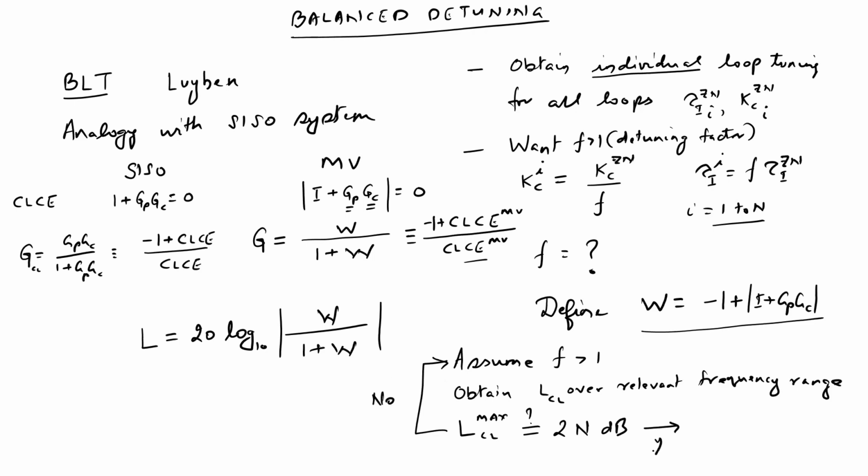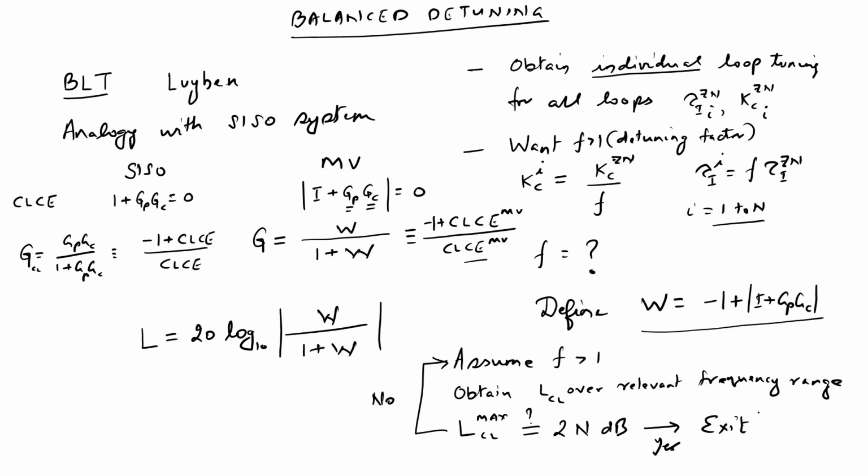And if yes, exit. So this is the procedure, and then the implemented tuning is Kc Zn by f and f times tau I Zn.